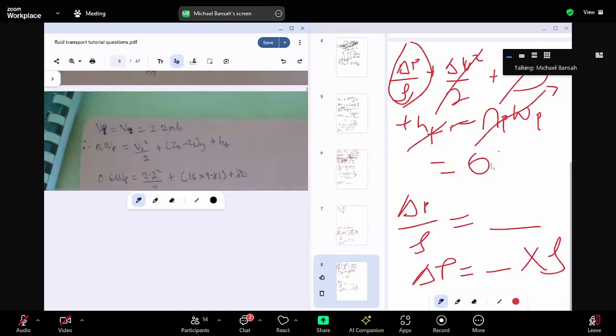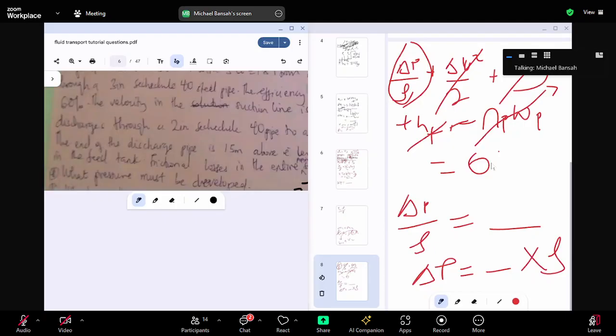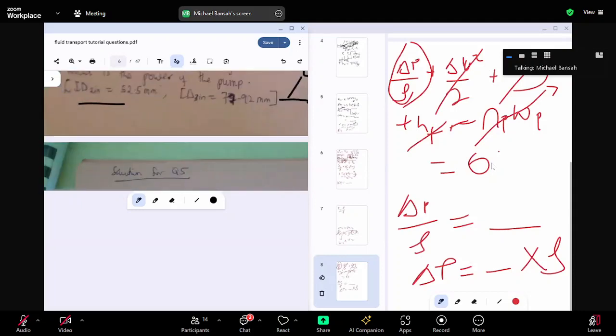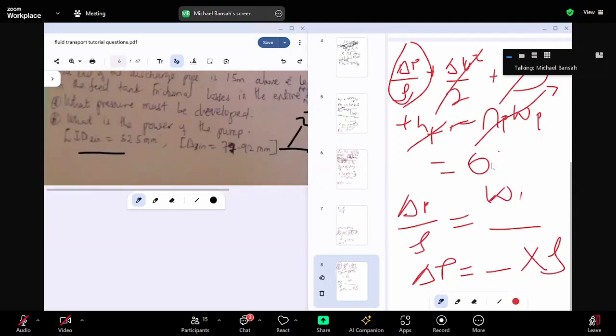Now, after you get the pressure developed, there is a second question. The second question says, what is the power of the pump? And remember, we found WP, which is the work of the pump. Note that work is Joule. In this case, for the Bernoulli equation, work is Joule per kilogram.